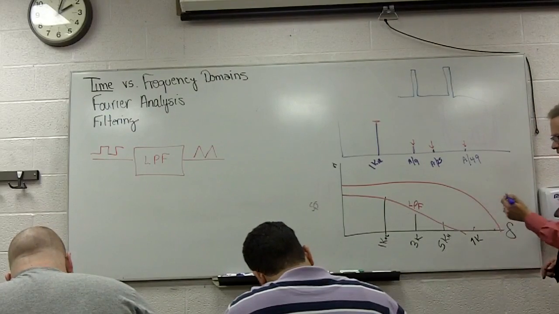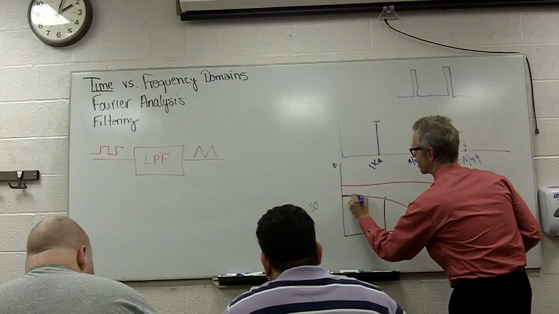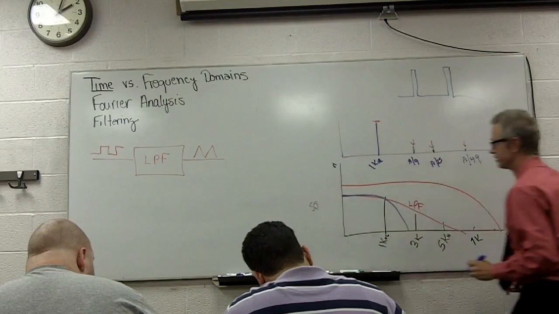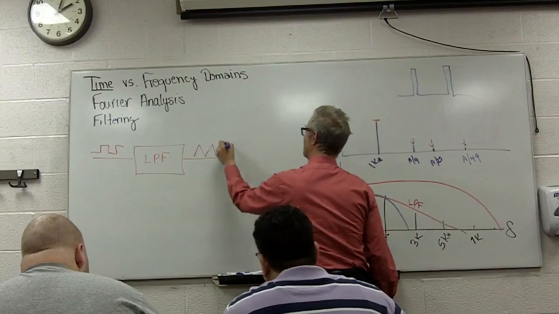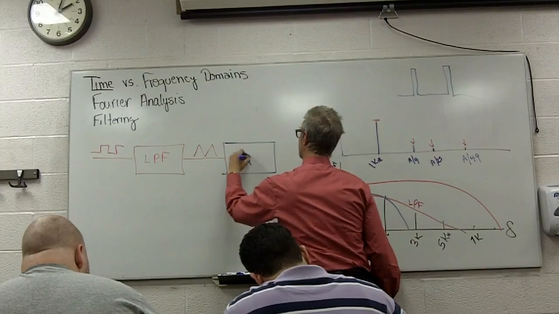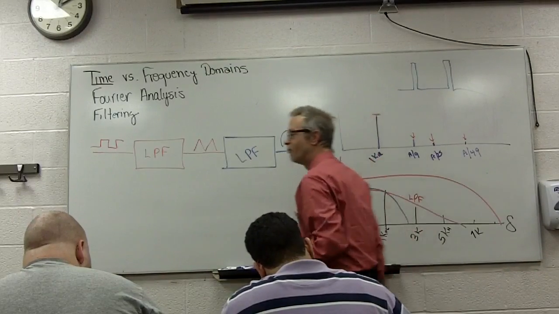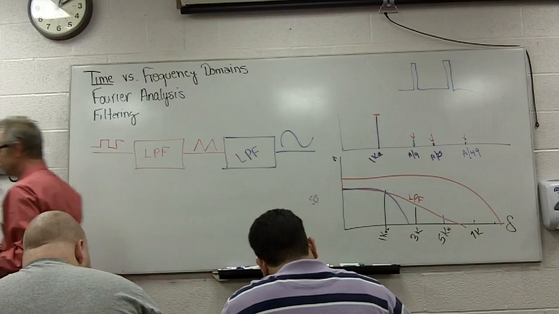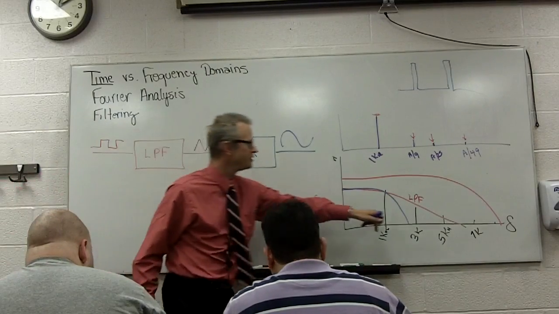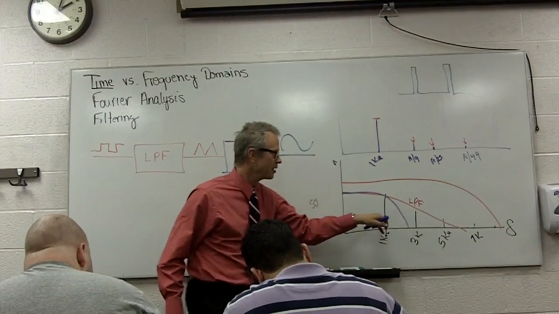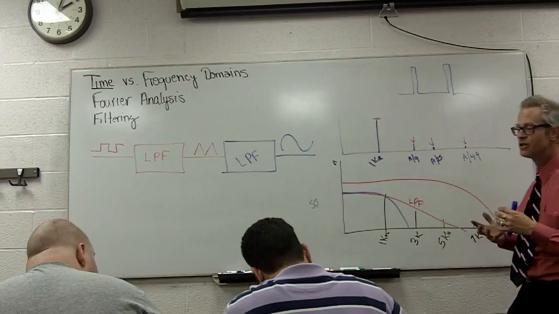And if I were to filter that even more aggressively, to the point where I did something like this, with another low pass filter, now I'm showing it in blue, I'll get a sine wave. Because you only get one signal. If I filter it too tightly, I'm going to lose all my harmonics, and the harmonics is what gives the waveform its shape.